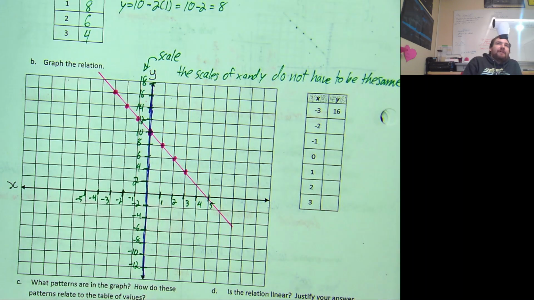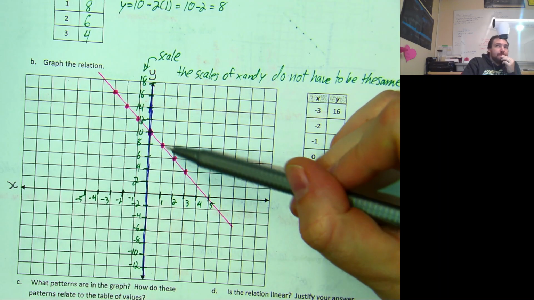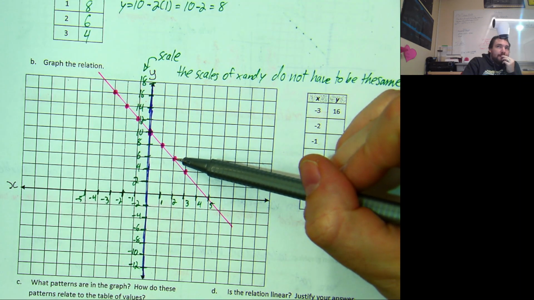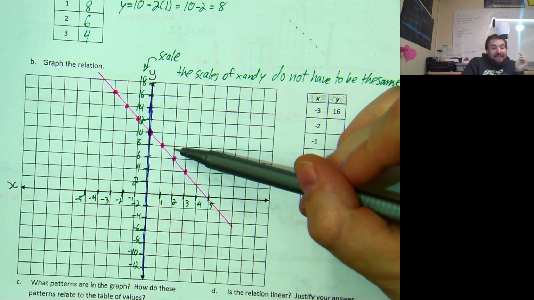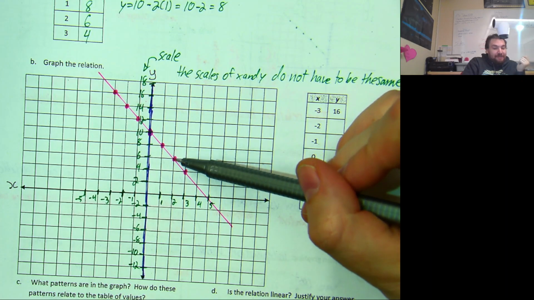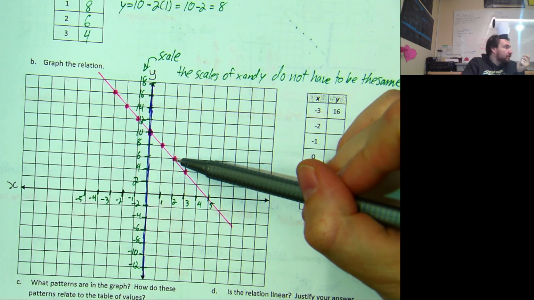If I'm going from this point here to this point here, what do I have to do? Careful. While that's technically true, yes, I'm going 1 step to the right and 2 steps down, because one of these is going from 8 to 6.